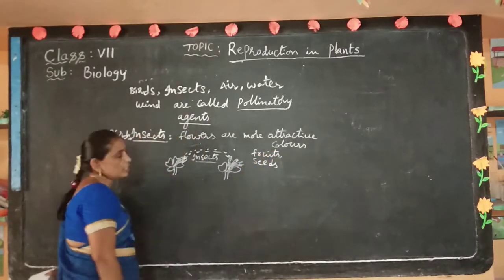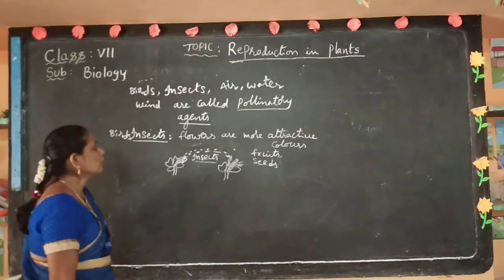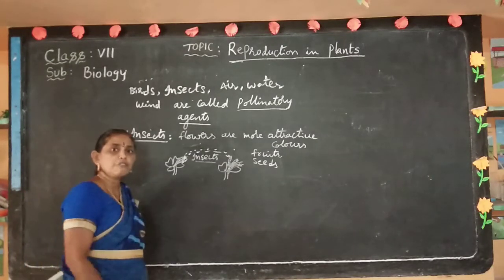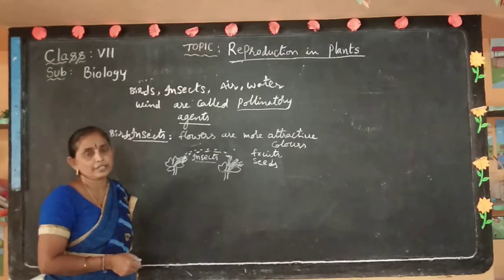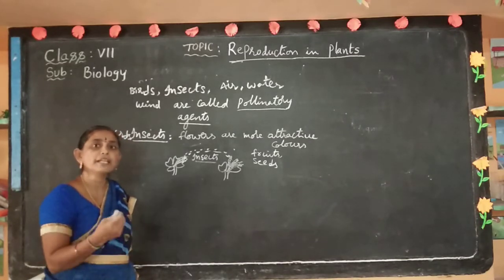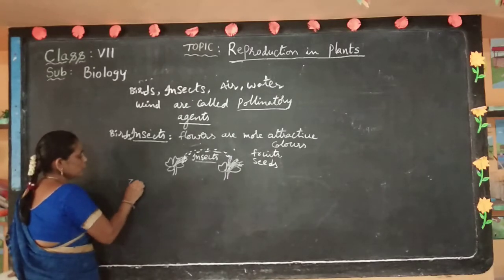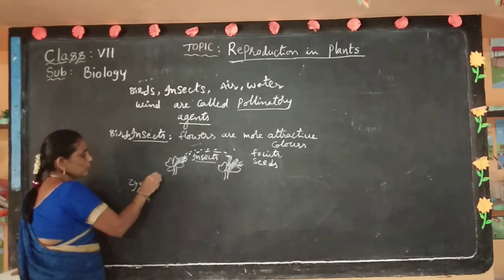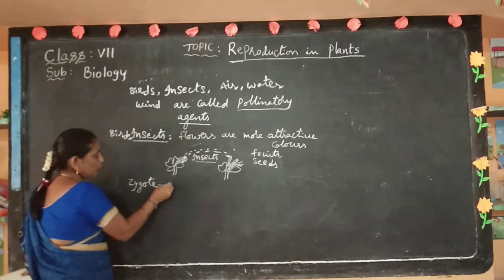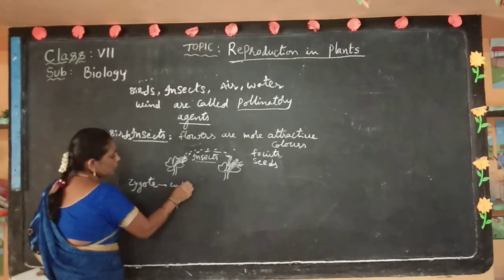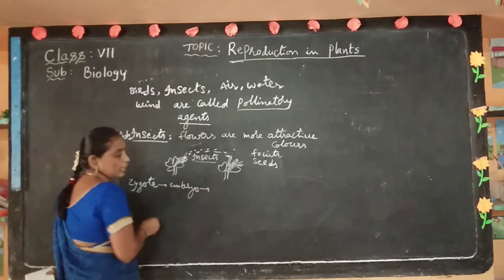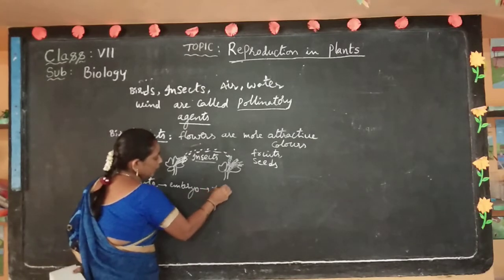You already know fertilization, the fusion of male and female gamete. The fusion of male and female gamete forms the zygote. Zygote develops into embryo. Then embryo develops into young plant.